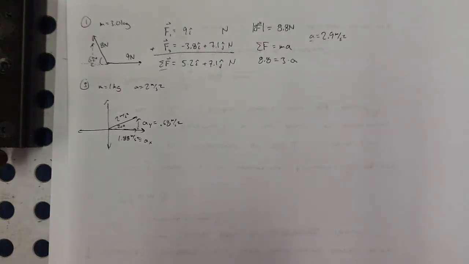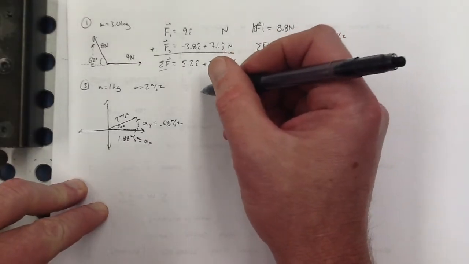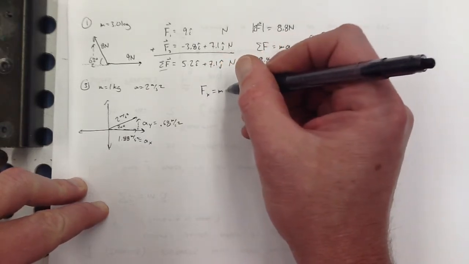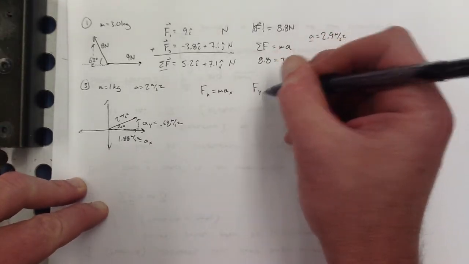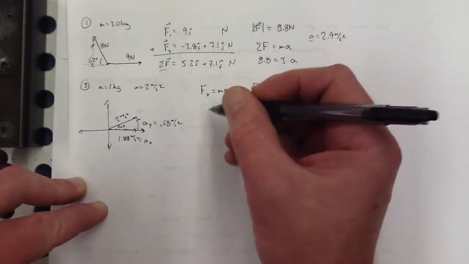All right. And what do they want? They want to know what's the x component and the y component of the net force. Well, the force in the x direction is equal to mass times the acceleration in the x direction. And the force in the y direction is equal to the mass times the acceleration in the y direction.